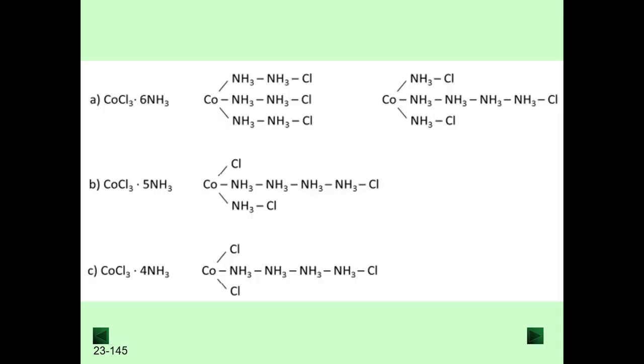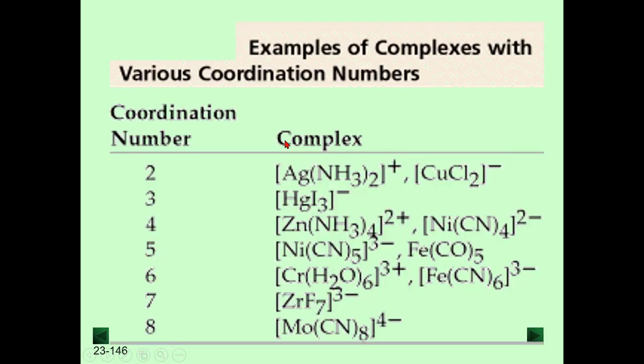At this point I have to explain some basic points: the basic structural geometry of a complex or coordination compound depends on the number of ligands. How many ligands are attached directly shows the attachment of molecules.